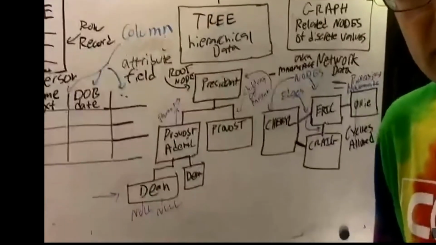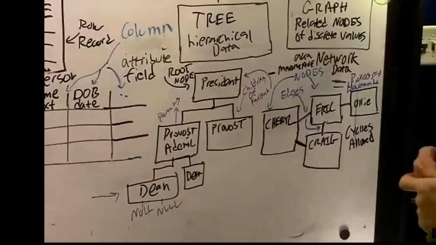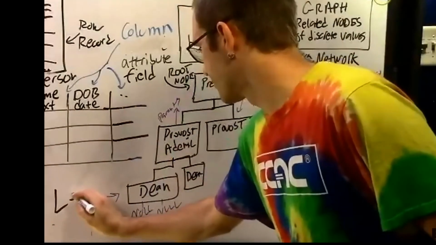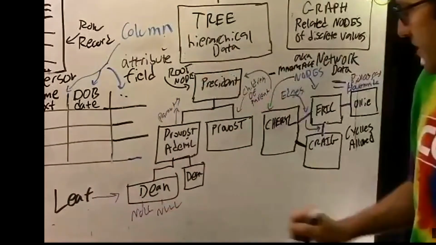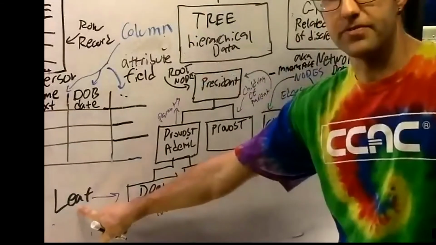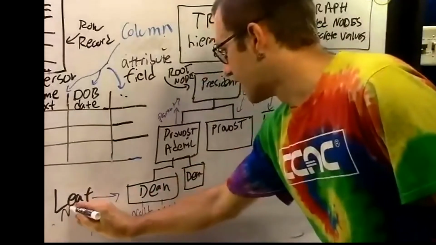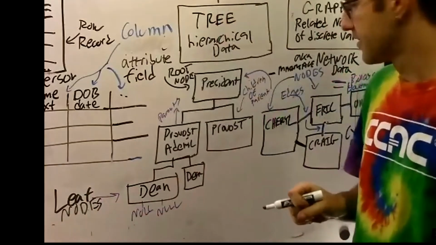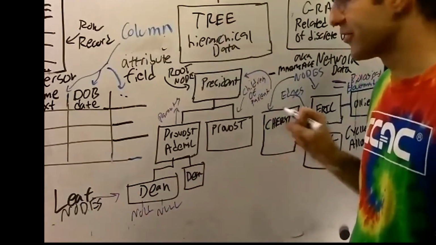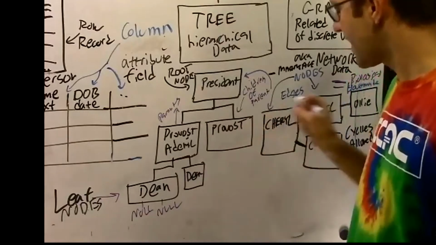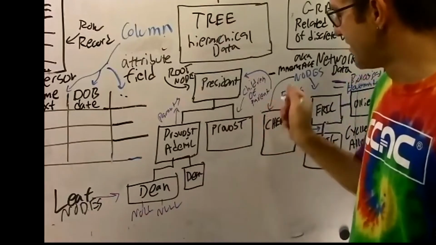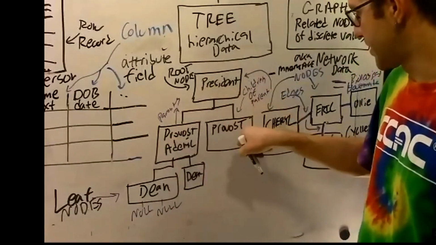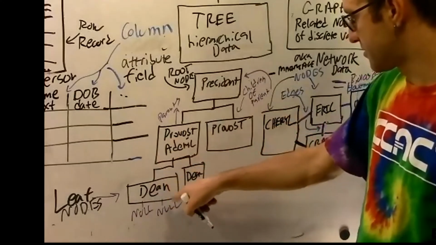It comes from the forest, not families. What's at the edge of your branches? Leaves. Yep, so a node by definition that has no kids is called a leaf node. And if you take a data structures class in a computer science program, a good data structures class, they will ask you to code up a tree in which you represent each node as an object, and the objects contain pointers to kids.